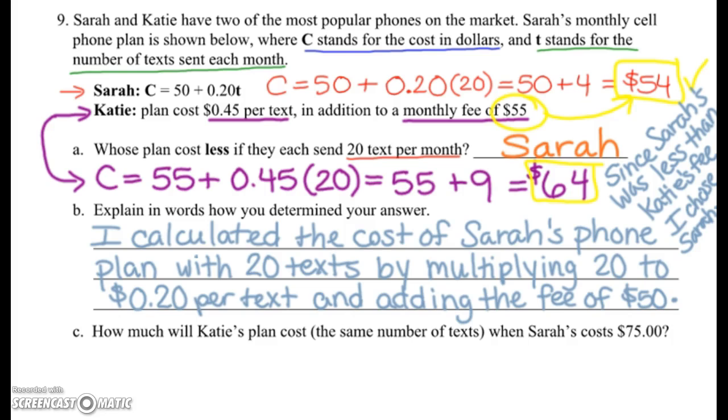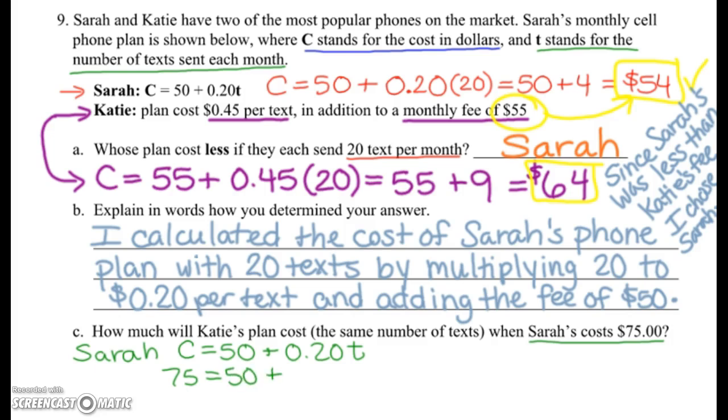So we're going to have to use some substitution and solve for the variable in her equation. Remember that the cost will be replaced with $75. Just as it says above, Sarah's phone plan cost equals $50 monthly fee plus 20 cents per text. Again, replacing the cost with 75, I substitute and then I solve.